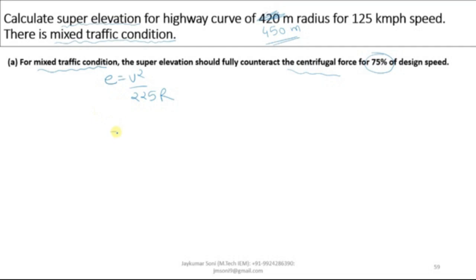You will put V as 125. You don't need to convert this in meter per second. Put this directly, 125, 225, and R is given over here, which is 450 meters. If you calculate this, then you will get the value of E as 0.154.